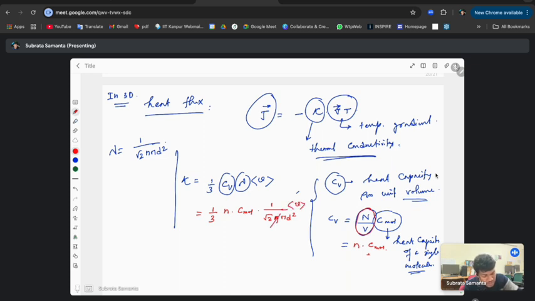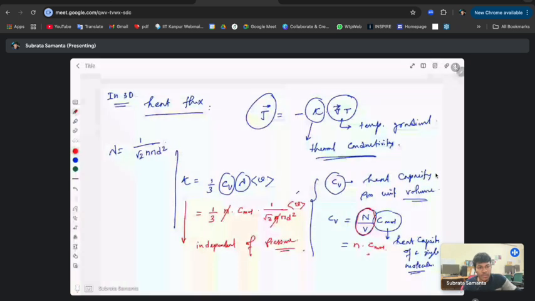So the n cancels, and kappa is independent of pressure.